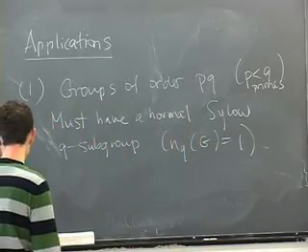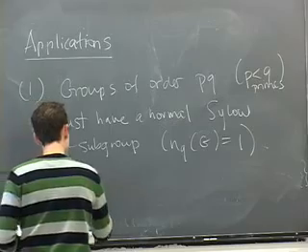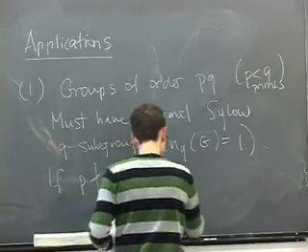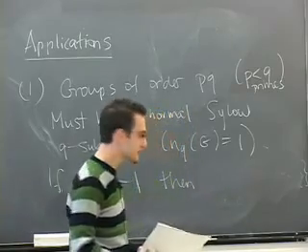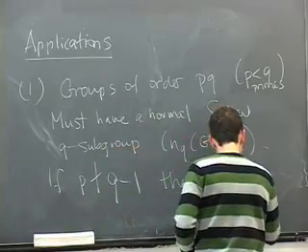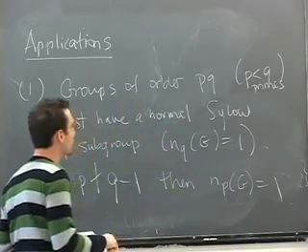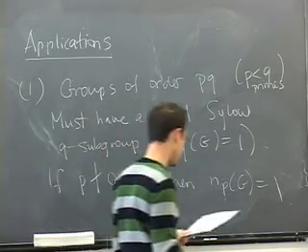Now, as for the other, if p does not divide q minus 1, then again, by the same reasoning, you get that n_p(G) equals 1. And so you have a normal Sylow p subgroup.